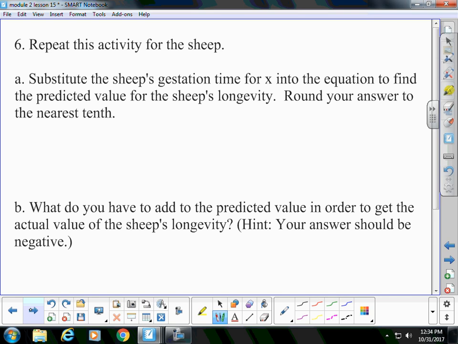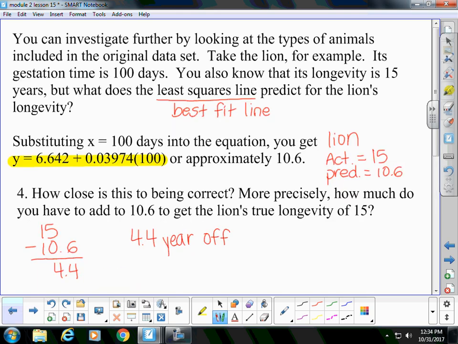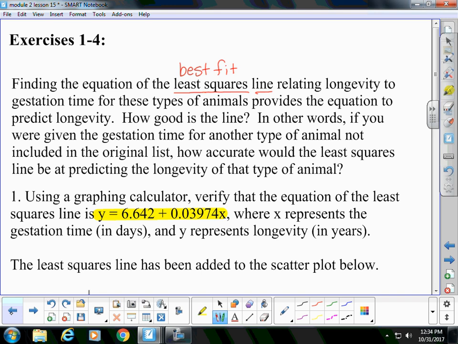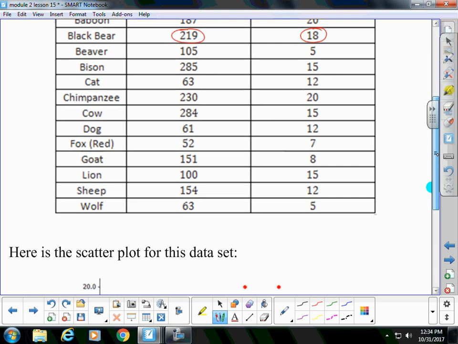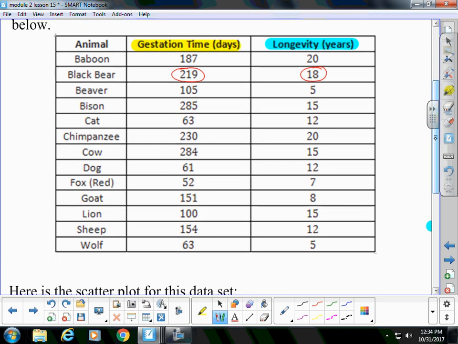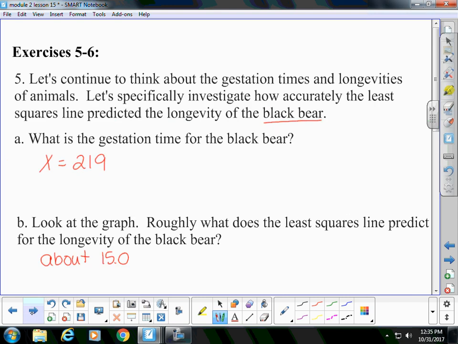Okay, we're going to repeat the activity now for the sheep. Looking specifically at the sheep now: substitute the sheep's gestation time for X in the equation. So let's go back to the table and look specifically at the sheep. The sheep's down here at 154. So let's plug that one in.